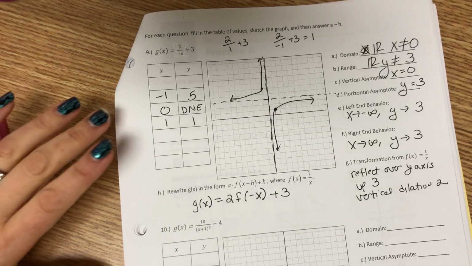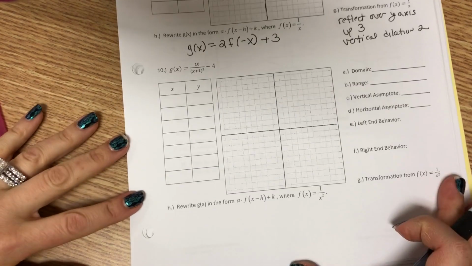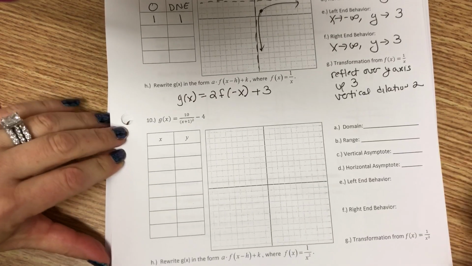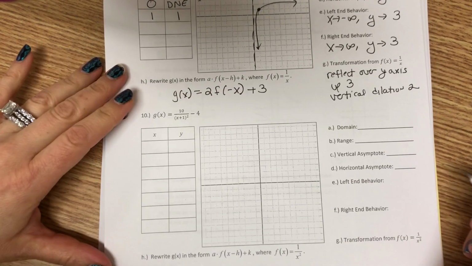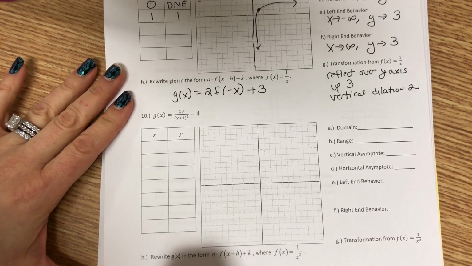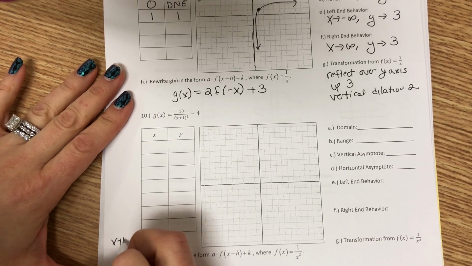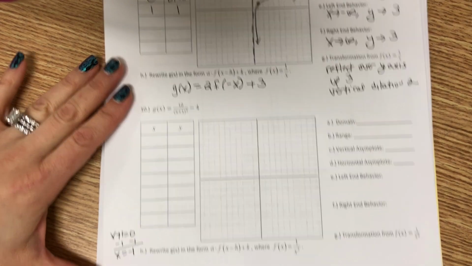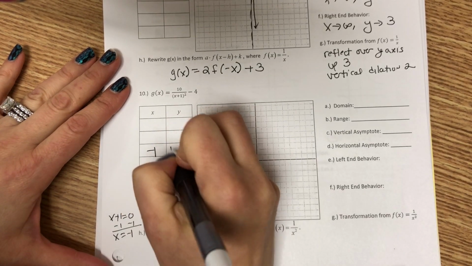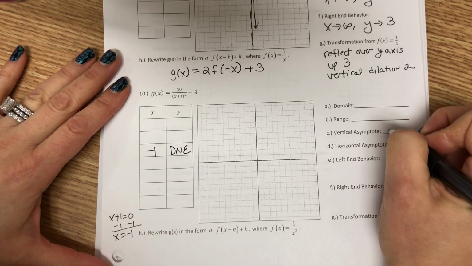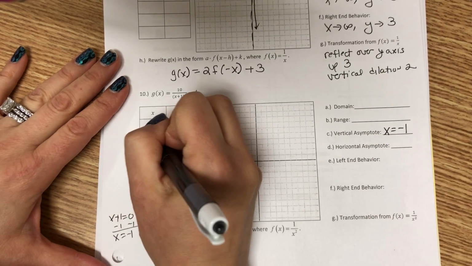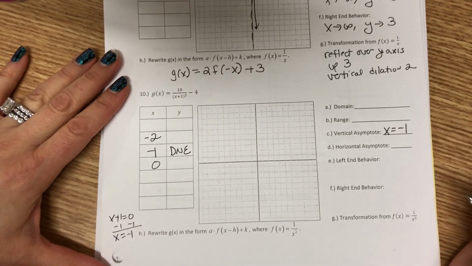All right, last but not least. 10 over x plus 1 squared minus 4. So what makes the denominator 0 is negative 1. Oh, yeah, you can see that. So my vertical asymptote is at x equals negative 1. Go 1 unit left, 1 unit right.